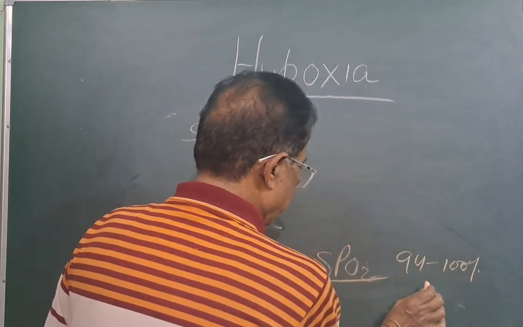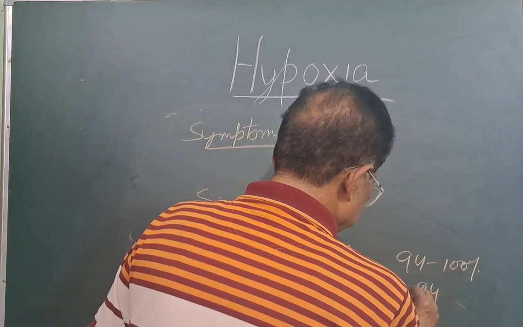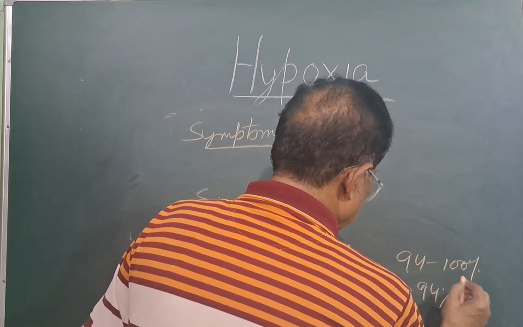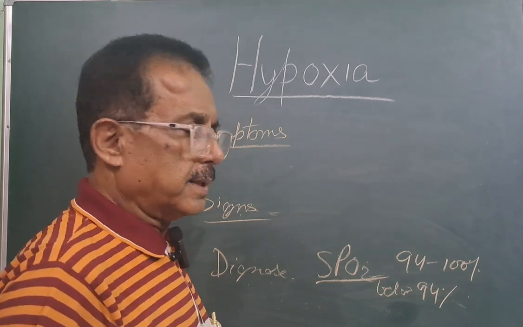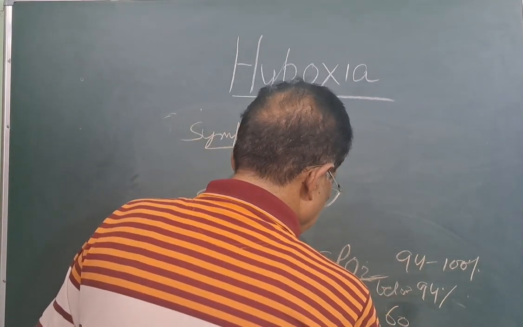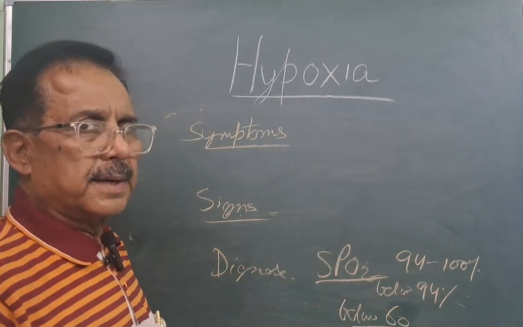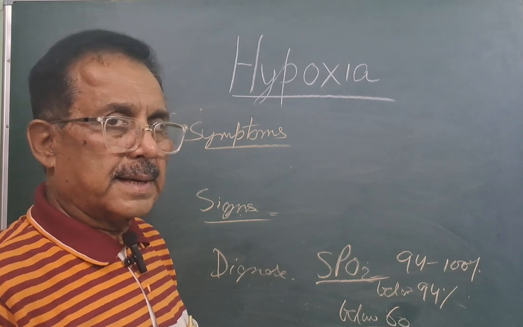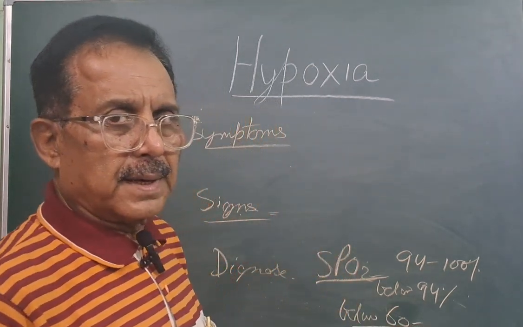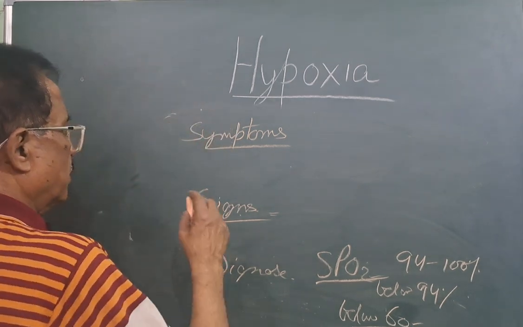When it is below 94, it is an alarming condition, and below 60%, it becomes a grievous condition, and treatment must be started immediately, otherwise coma, convulsion and death may occur. This is diagnosis. Now management.